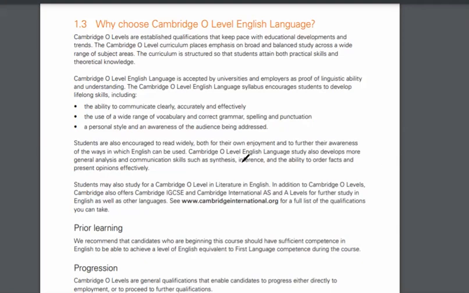These three things: synthesis is basically to summarize whatever you have read. Inference is to extract the meaning of the context of the content that you have just read. And then finally, the ability to order facts, to list the facts in appropriate order and present the opinions effectively.